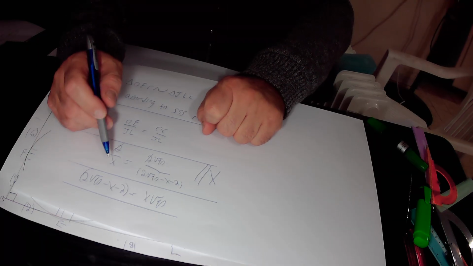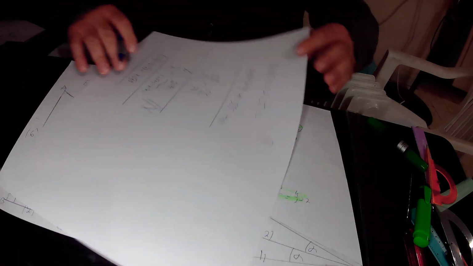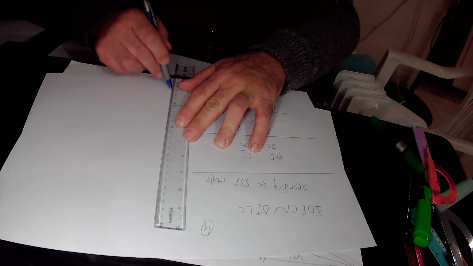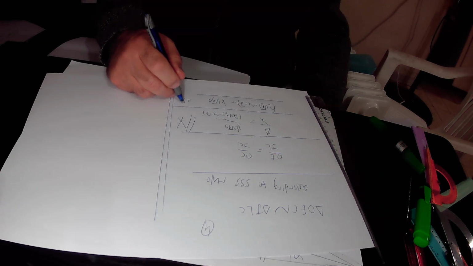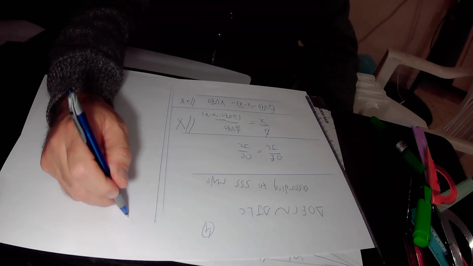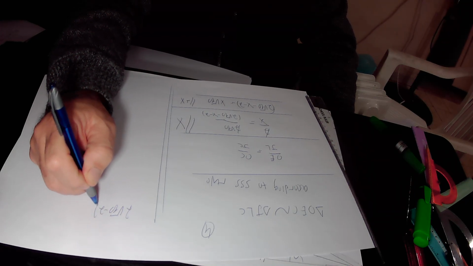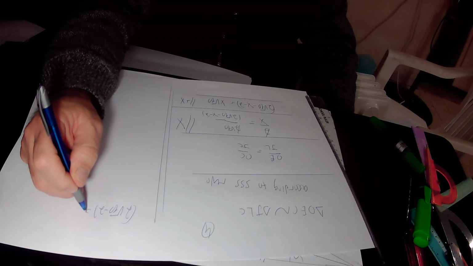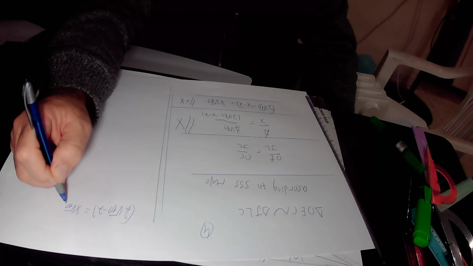Here we will add x to this equation and we get that 2 times root of 10 minus 2 equals to x times root of 10 plus x.